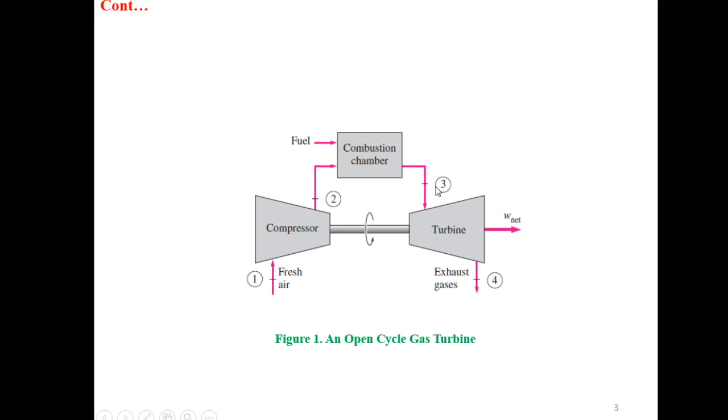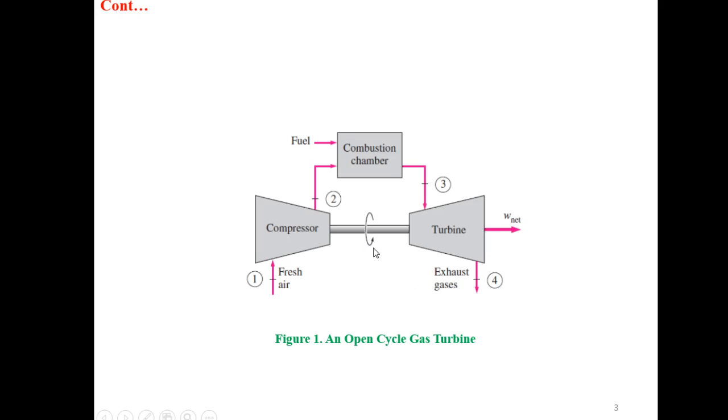Now the gas at high pressure and high temperature enters the turbine, where it strikes the blades of the turbine and we get work output. We know that we are supplying work to the compressor and getting work from the turbine. So some amount of the work we get from the turbine is sent to run the compressor.